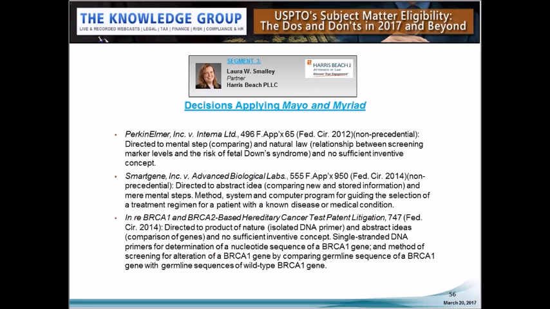In Perkin Elmer, a 2012 non-precedential decision, the claims were directed to a method of determining whether a pregnant woman is at an increased risk of having a fetus with Down syndrome. The patent claimed analytical methods to determine the risk of fetal Down syndrome, including measuring steps and a determining step in which the risk of Down syndrome is calculated by comparing screening marker measurements with known statistical information.